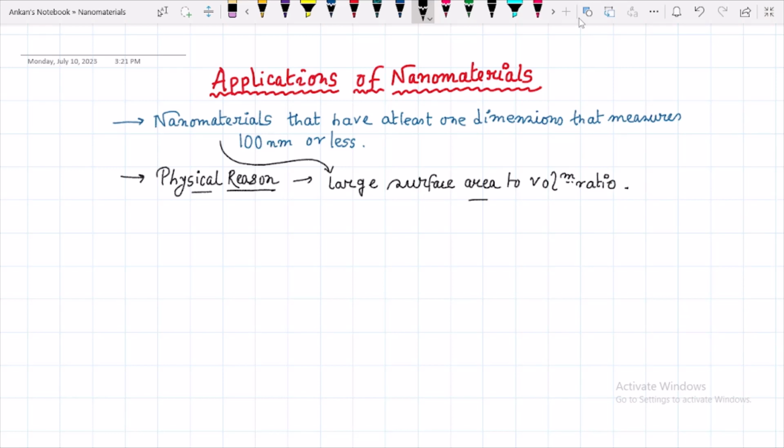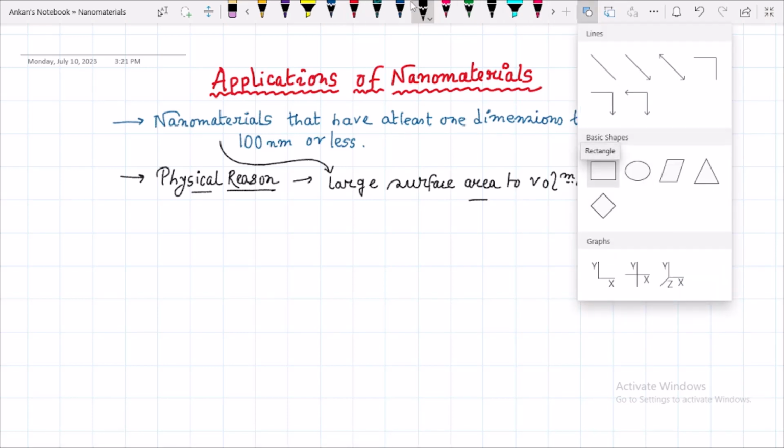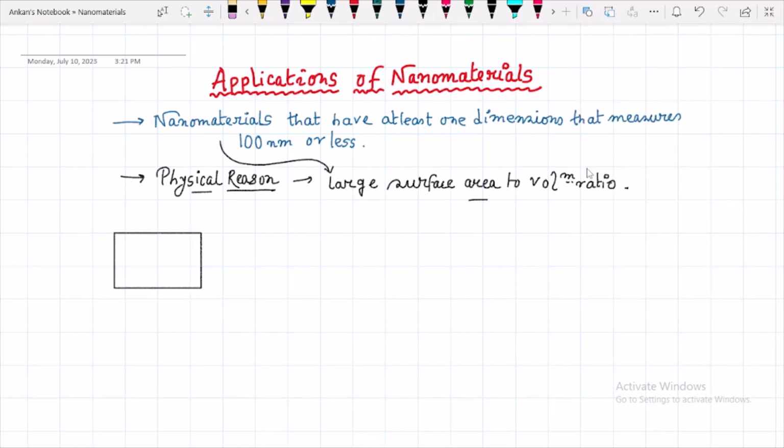Let me show you. At first I want to draw a bulk material like this.